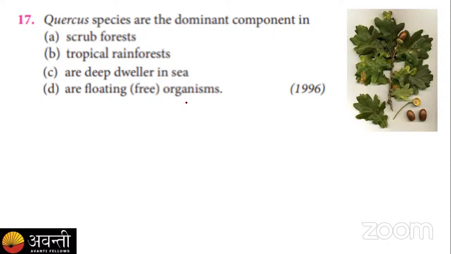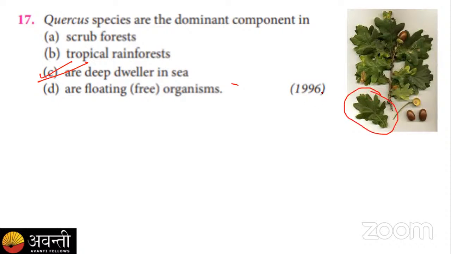Okay, so the answer for this question is option C. Why is option C the correct option? Because these Quercus species are commonly known as oak trees, right? Because they have dominating broadleaf structures, right? And they are found in the northern hemisphere.